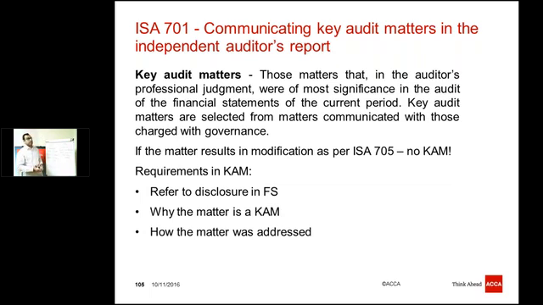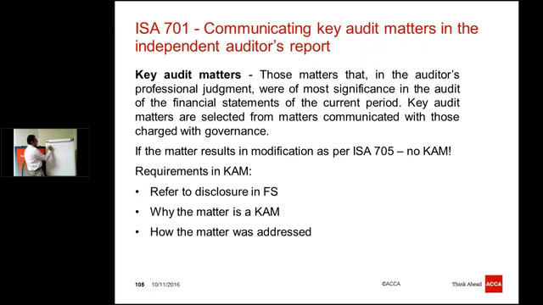Now, what does this basically mean? This basically means that if you go to an audit and you figure out that inventory has not been accounted for appropriately, and that results in a significant disagreement with the management, so what would happen? The auditor would usually qualify the audit opinion in that particular case.